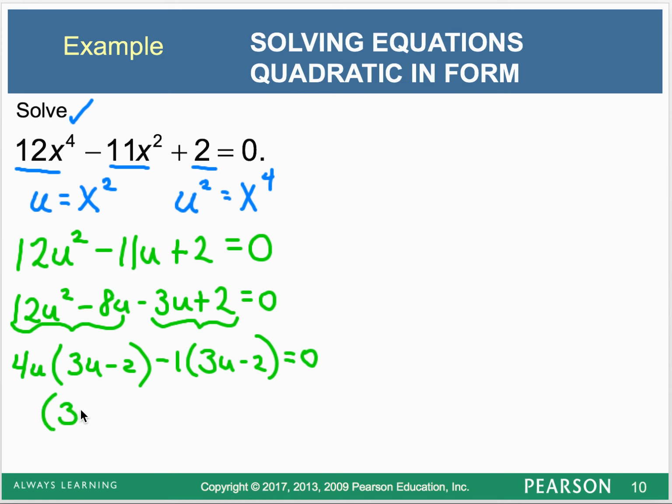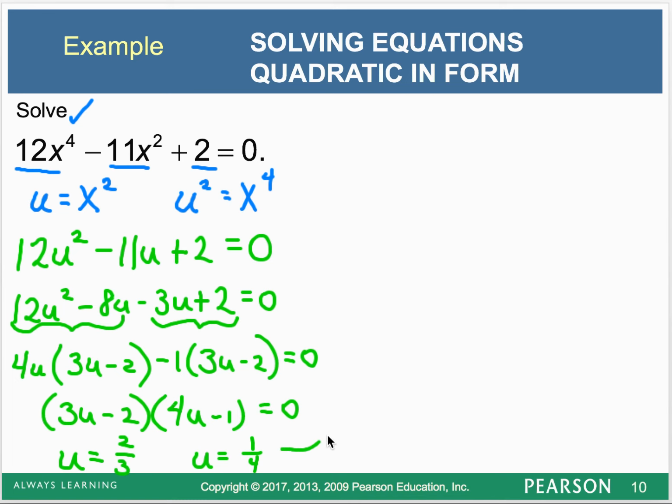Now I can factor out 3u minus 2, which leaves 4u minus 1. So either u is 2/3 or u is 1/4, right? Because one of those has to be 0. So I just set each one to 0 and solve that simple linear equation.